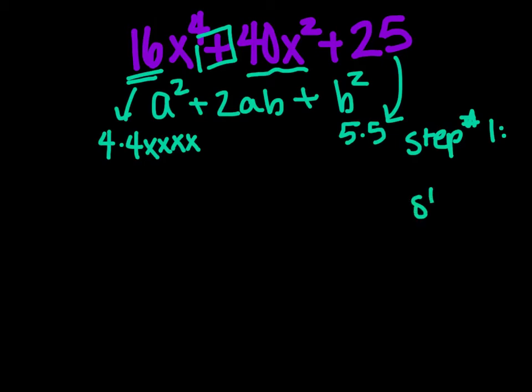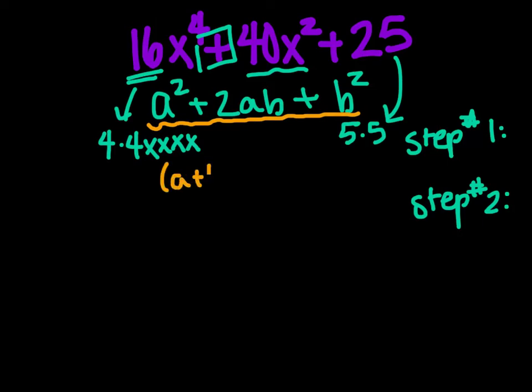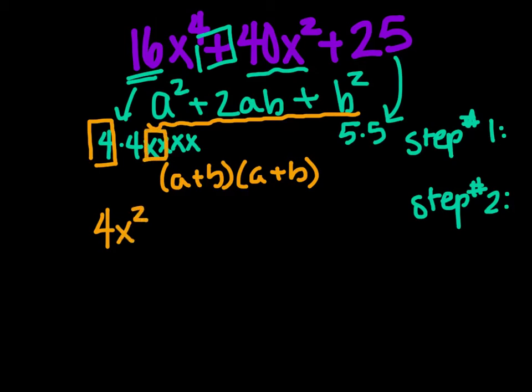Our step 2 tells us that we need to write this in the form that will work for a squared plus 2ab plus b squared, if we were to write it in factored form, which is a plus b times a plus b. Doing that, here's 4. That's going to be part of my a, and I'm also going to take 2 of these x's, so I'm going to write x squared.